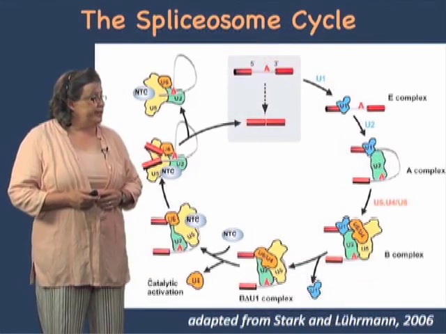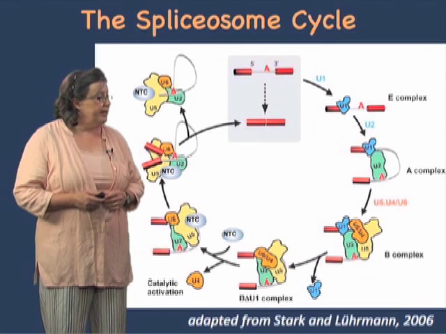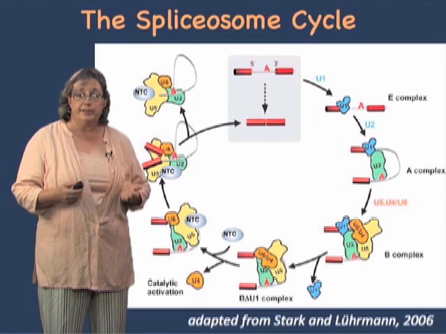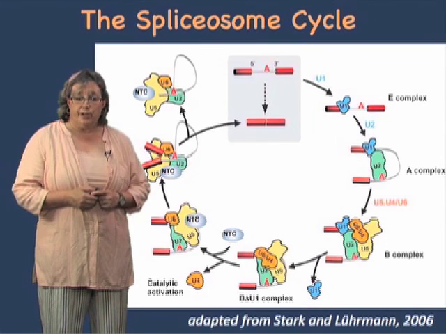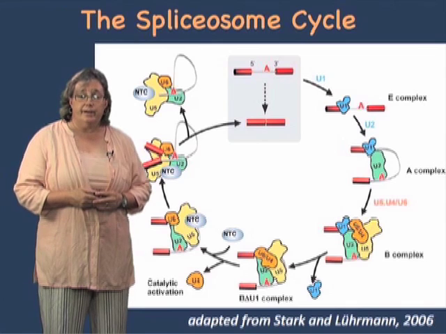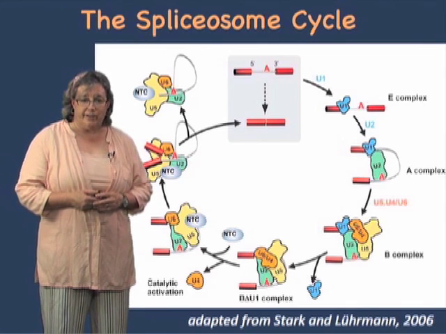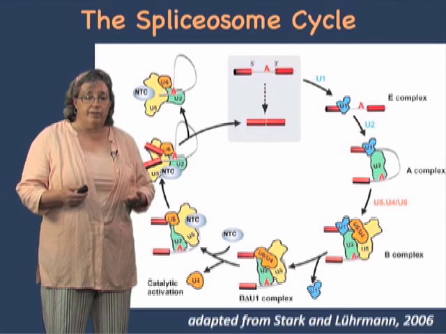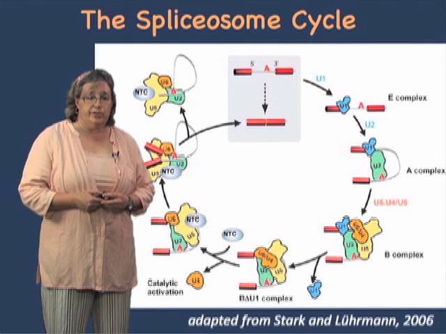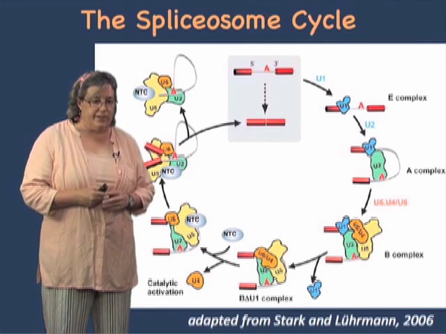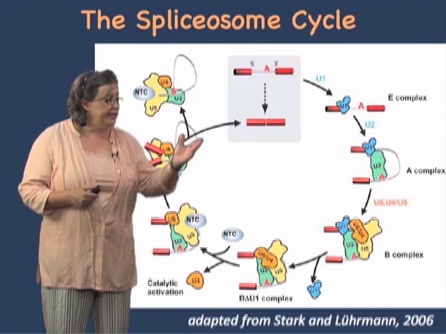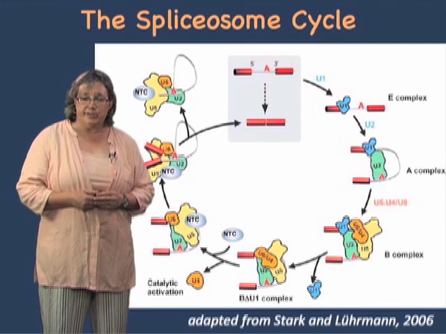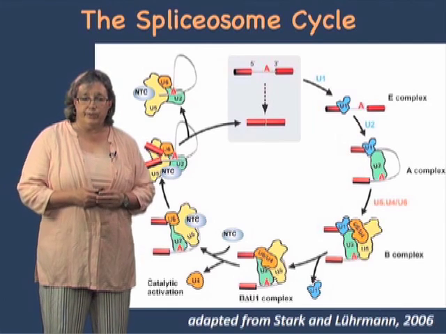The two steps of splicing are catalyzed by a large complex in the cell called the spliceosome. The spliceosome is arguably the most complicated macromolecular machine in the cell, as we'll see in a moment. And the spliceosome consists of 4 major chunks, large pieces, subunits that need to come together with each round of splicing in this complicated dance called the spliceosome cycle that we'll talk about in a few slides.